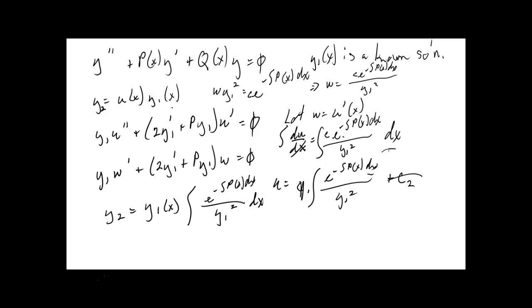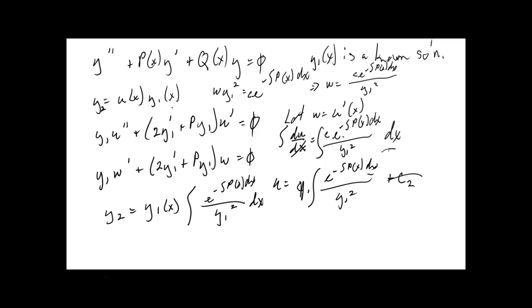This was what our U was, and up here y2 was U times y1, so we wrote the y1 in front, and this was our U. They came up with some magical reason that C1 could be 1 and C2 could be 0, so that's why I put a 1 and a 0 to wipe that one out.